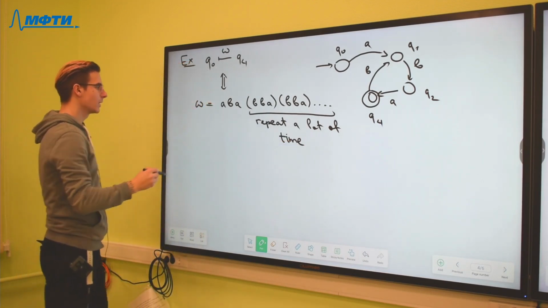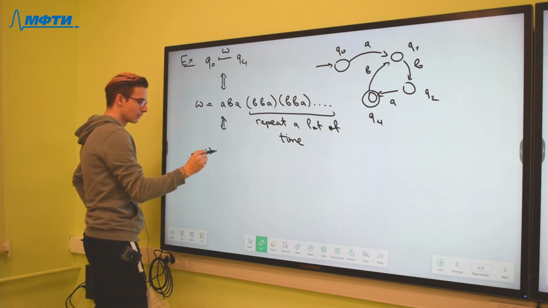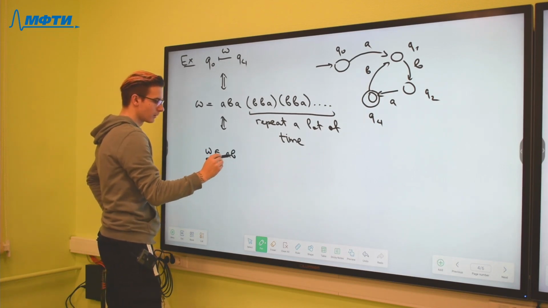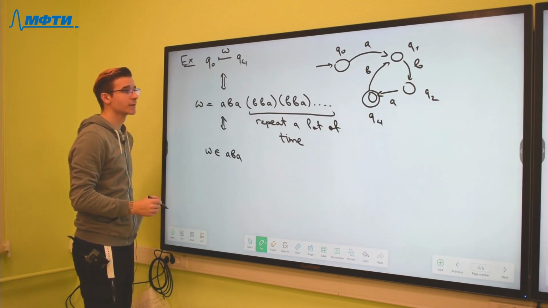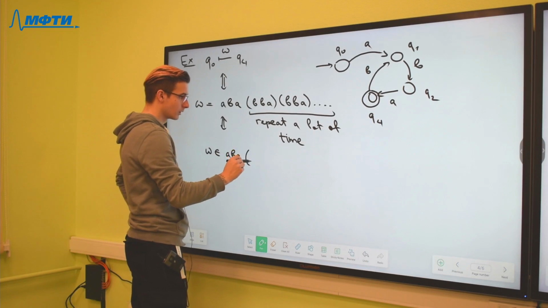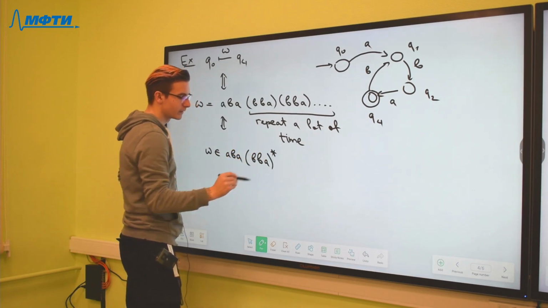So it is equal that omega is in the language that can be expressed by this regular expression.